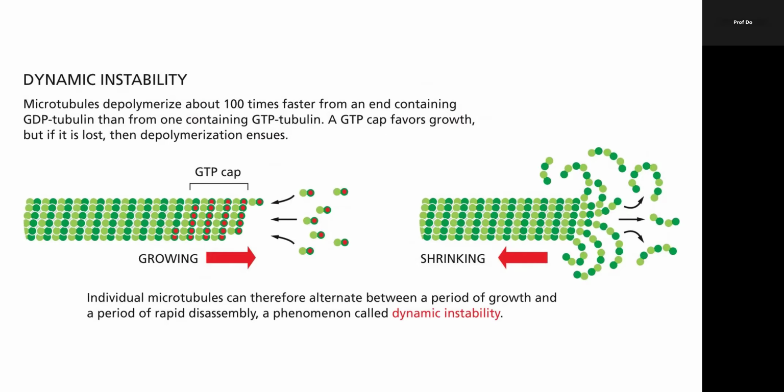Now, if the addition of subunits is greater than the releasing of subunits, we're going to have a growing effect. Okay. Disregard what's on the slide right now. What I really want you guys to understand is the dynamic instability right here. So if the rate of subunits added into the tube is greater than the subunits leaving, we have a growing behavior. This makes sense, right?